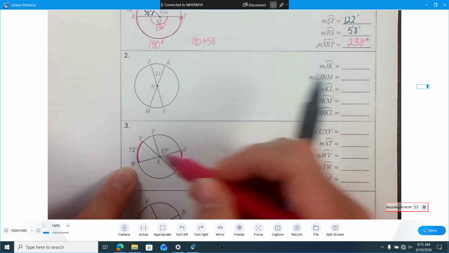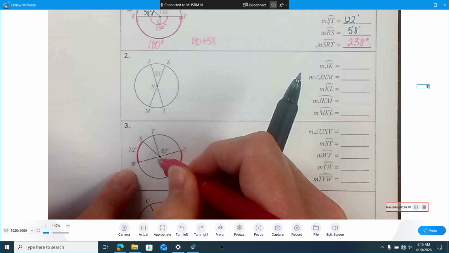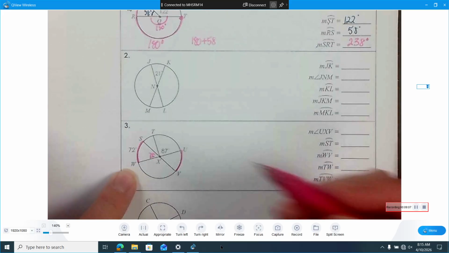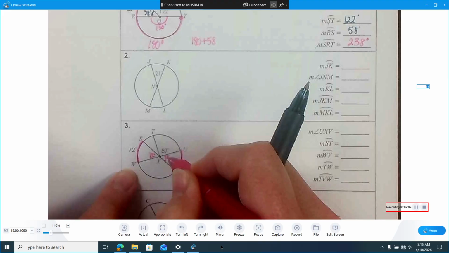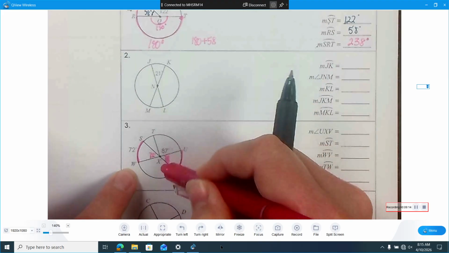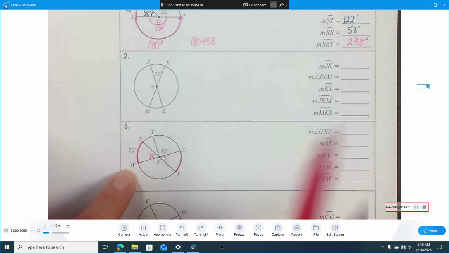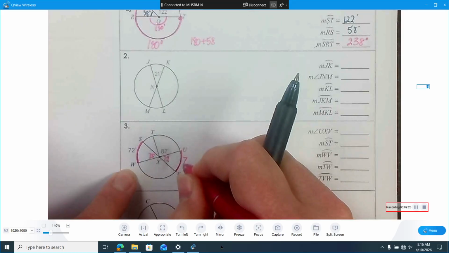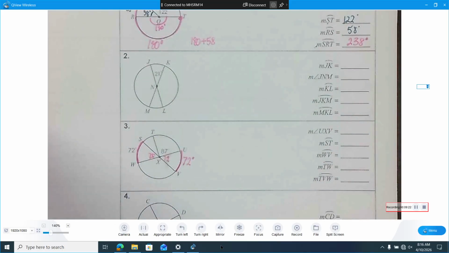Very good. So we have angle SXW here. That has to also be 72 degrees. That's a central angle. And we do have vertical angles, so the other side is also 72. All right, which means arc UV is also 72 degrees, so very good.